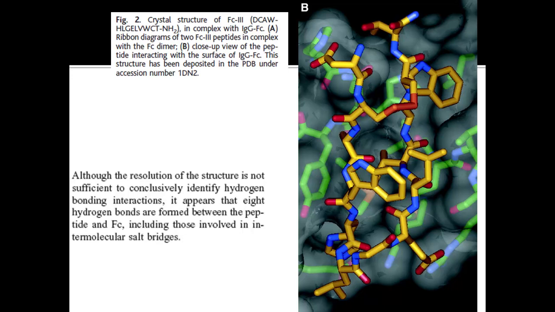And if you look carefully, remember that it's got the GELVW sequence. Can you find the GELVW? It's actually a little bit tricky to see here. You can find the W's, right? There's one here, and there's one here.